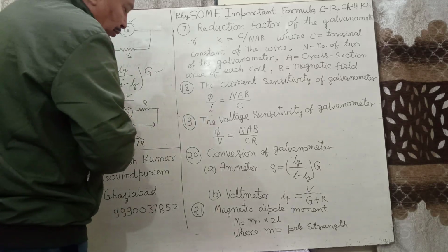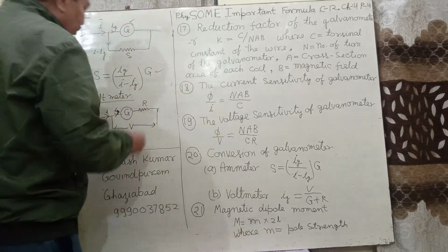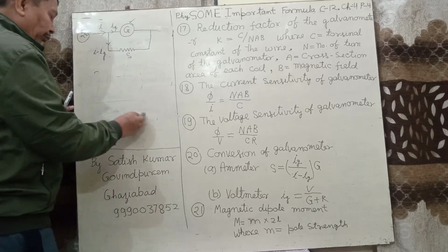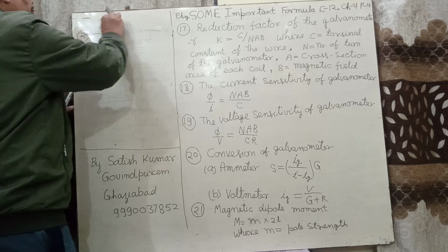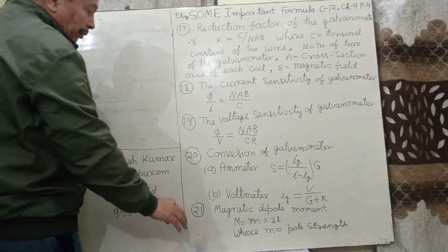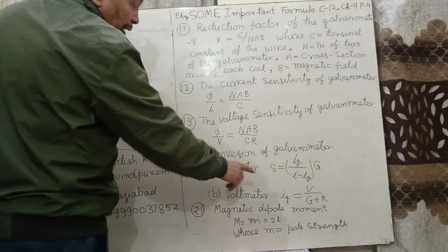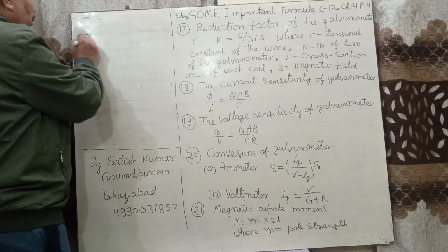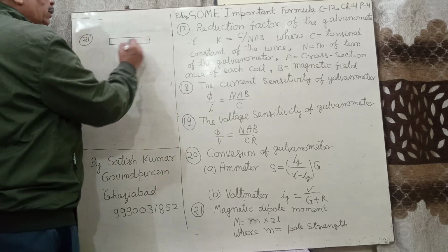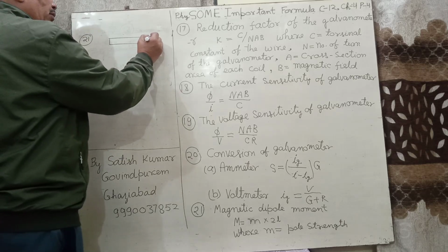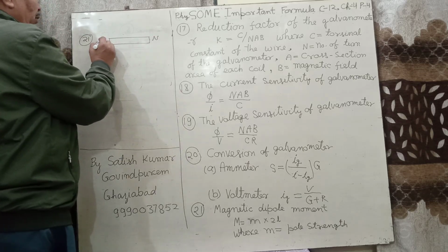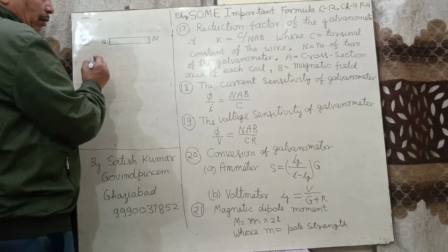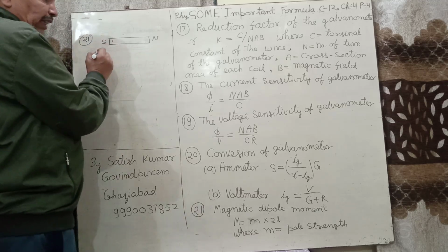Now I am telling you formula number 21. Formula number 21 is the magnetic dipole moment. Suppose this is a magnet, this is its north and south pole, and m is the pole strength.